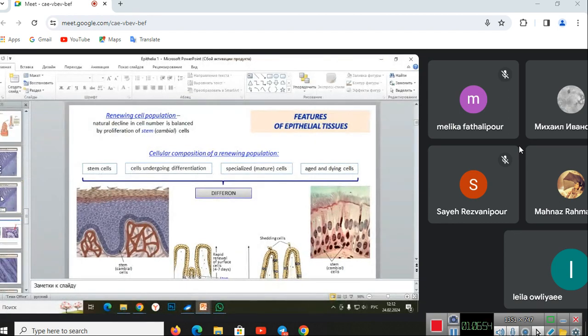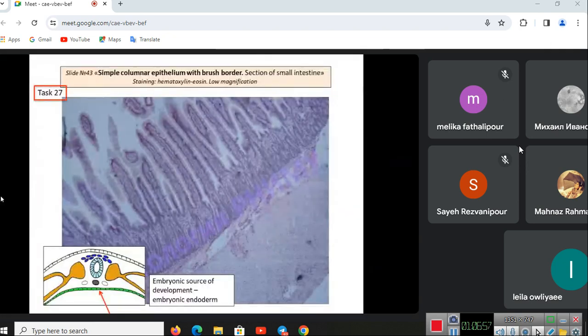Where the crypts are in our histological preparation, once again, crypts are these. So these invaginations of epithelium are crypts, and the stem cells will locate here in epithelium lining crypts.